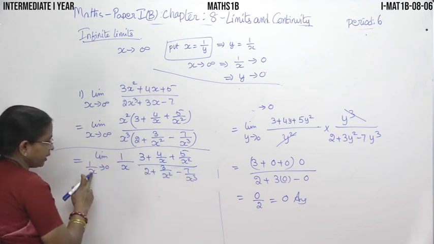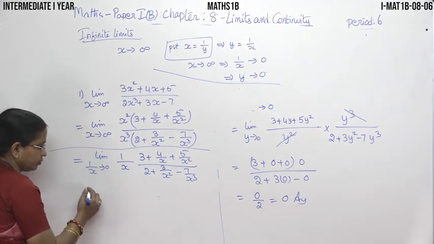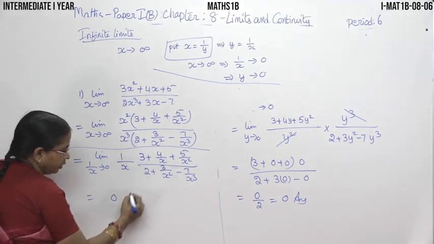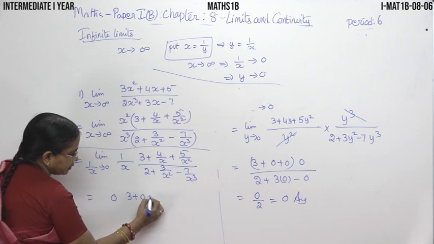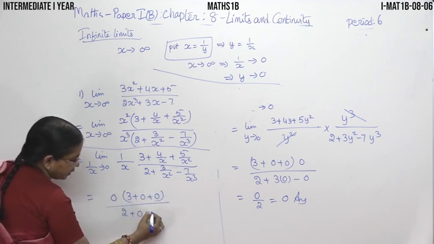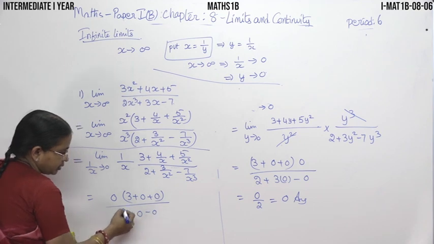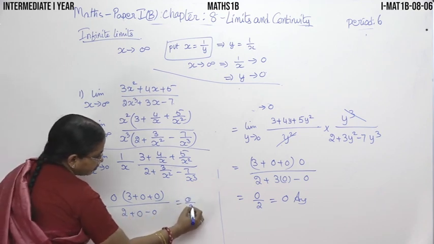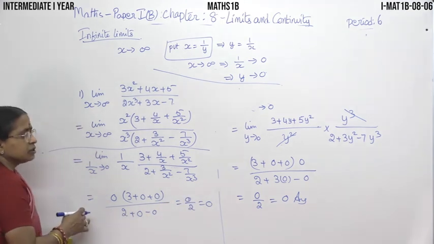So you can see 1 by x tends to 0 now. So this is 0 into (3 plus 0 plus 0) by (2 plus 0 minus 0). So it is 0 by 2, and 0 by 2 is equal to 0.